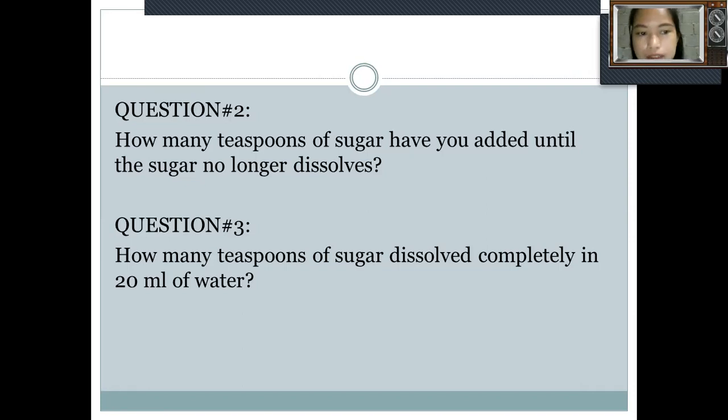How many teaspoons of sugar dissolve completely in 20 ml of water? So we're going to count how many teaspoons of sugar we have added.